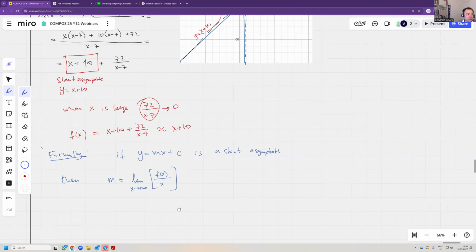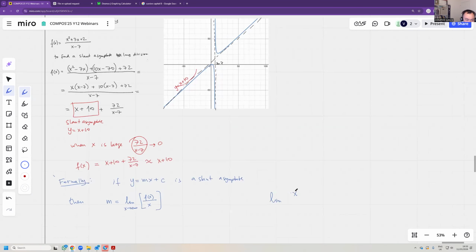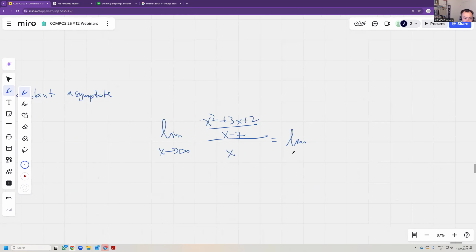And let's check if it works. The limit of x squared plus 3x plus 2 over x minus 7, divided by x, as x tends to infinity. So that's the limit as x tends to infinity of x squared plus 3x plus 2 divided by x squared minus 7x.